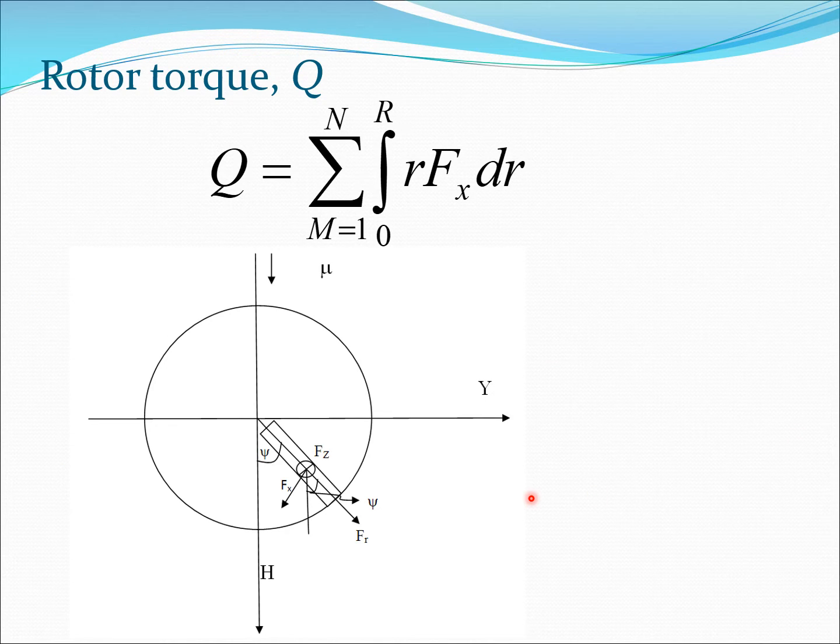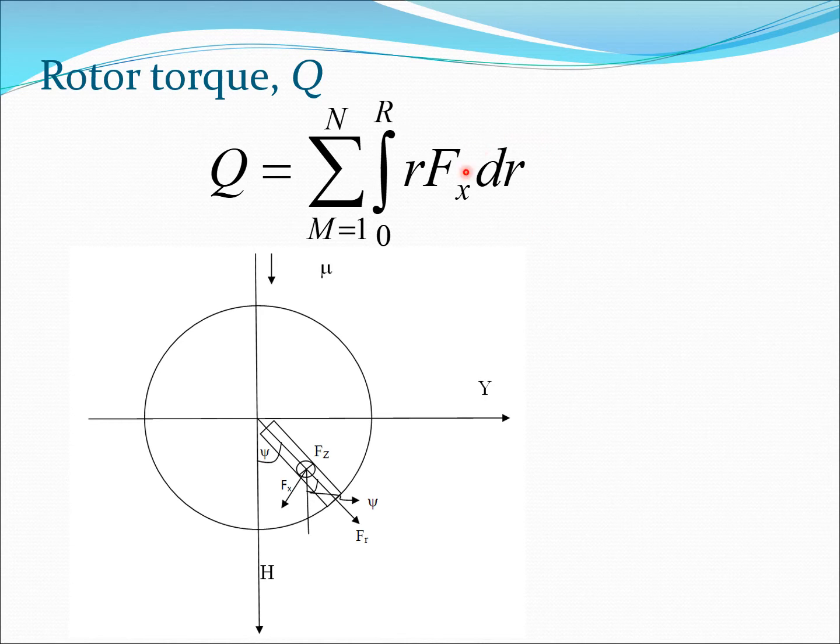The next important expression we need is for the rotor torque. To get the torque, we need to realize that torque is in the plane of the rotor disc system. And therefore we take the force Fx, which is like a drag which acts on the section. Then we multiply this force by the radial arm, which is small r, which is the distance from the root to the current section you are in. So that is r into Fx.